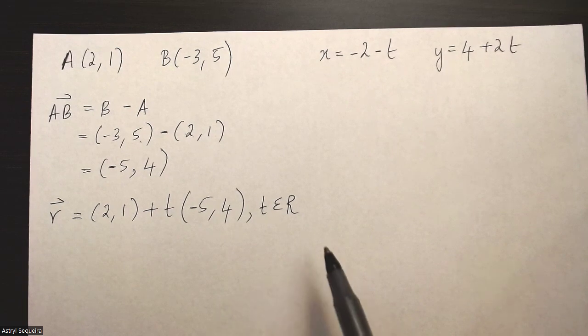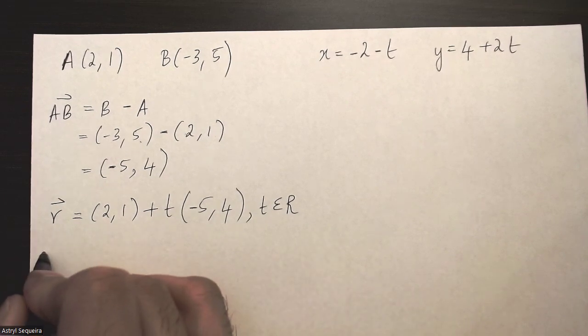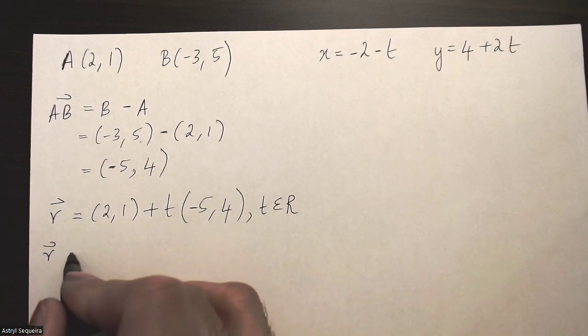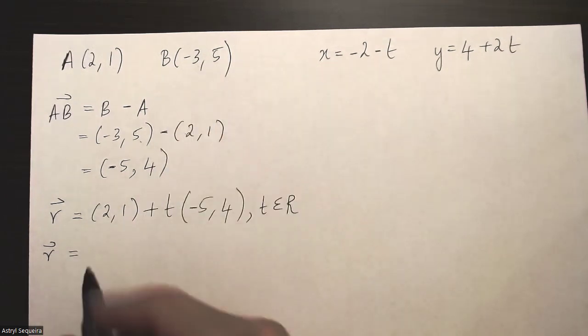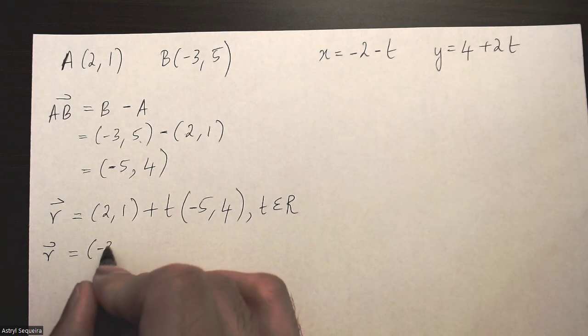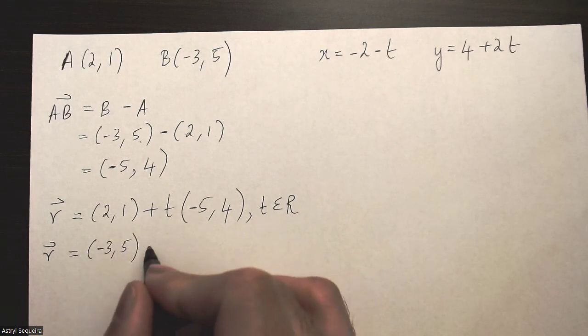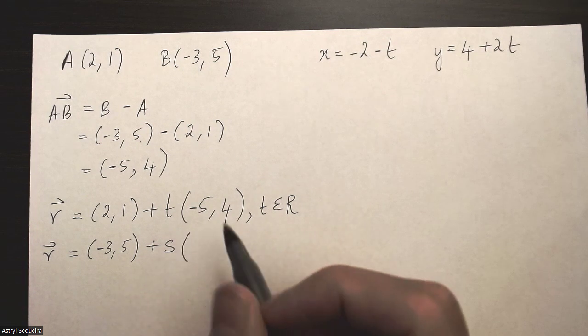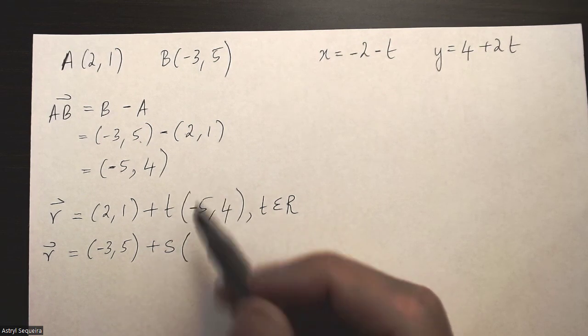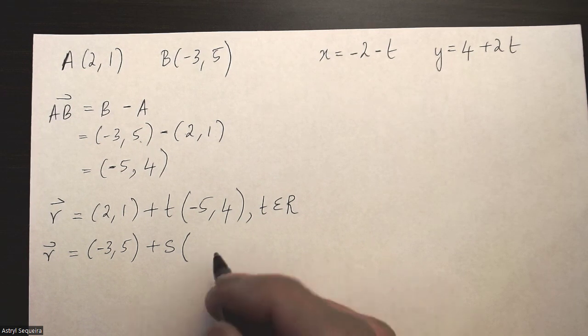To come up with the second equation, you can do a lot of different things. There's a couple of different possibilities. For example, I can change the point to the second point, (-3, 5), plus, over here, I'll use s instead of t. You don't want to generally use the same letter when you have multiple lines in one question.